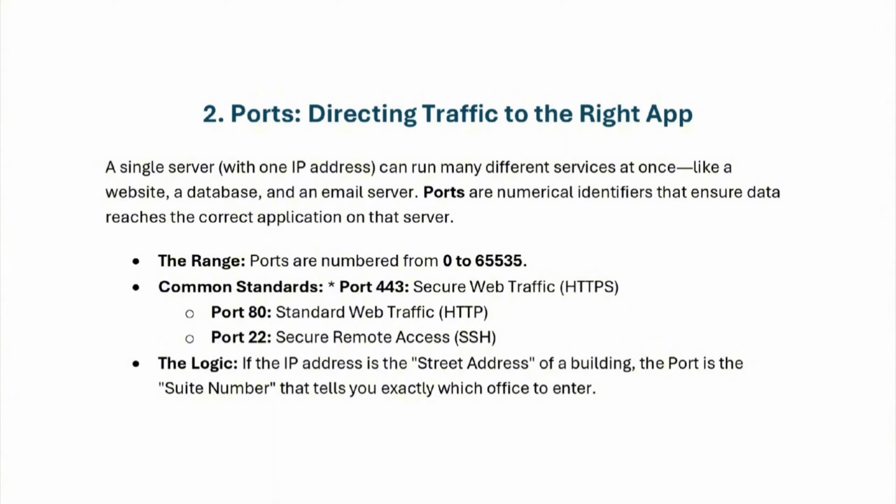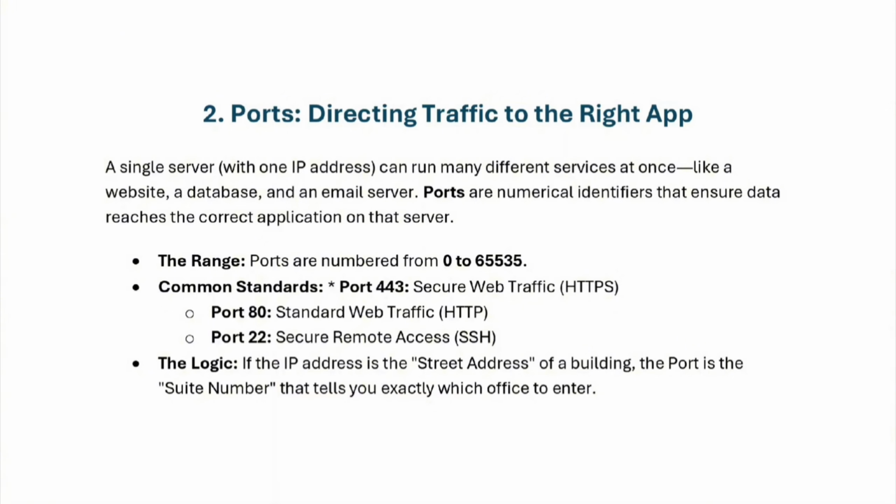The ports are numbered from 0 to 65535. Common standards are port 443 for secure web traffic, HTTPS, port 80 for standard web traffic, HTTP, and port 22 for secure remote access, SSH.